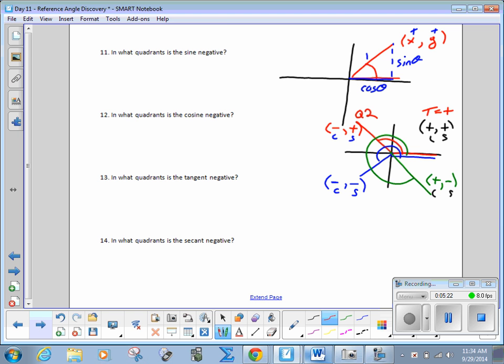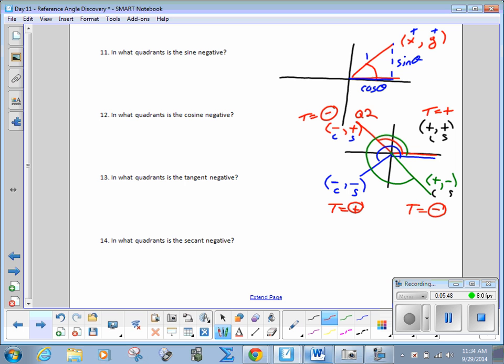A positive divided by a negative, so the tangent is negative in the second quadrant. A negative divided by a negative, the tangent is positive. And then a negative divided by a positive, the tangent is going to be negative. Okay? Does that make sense?